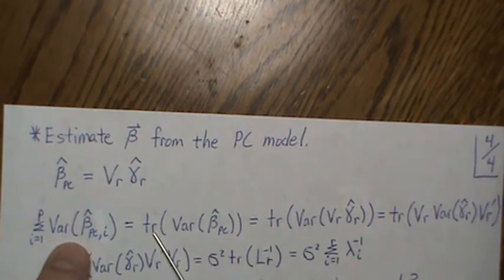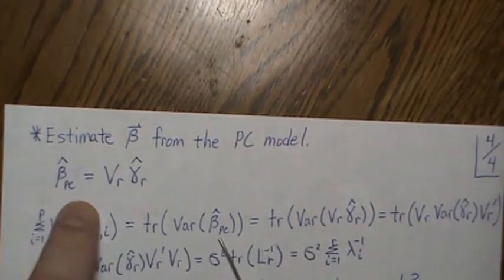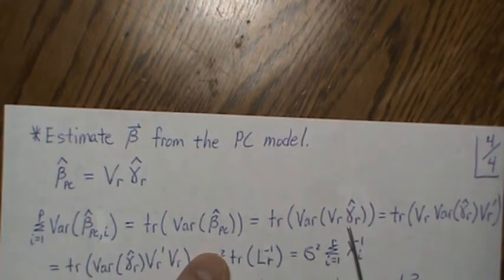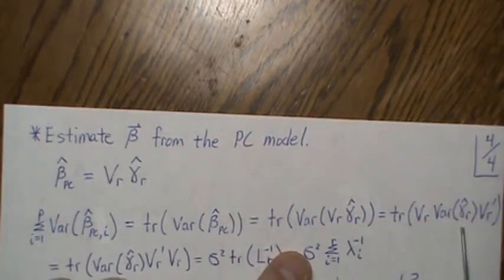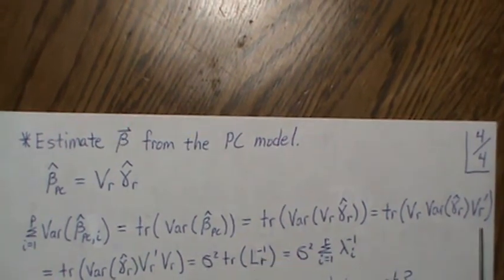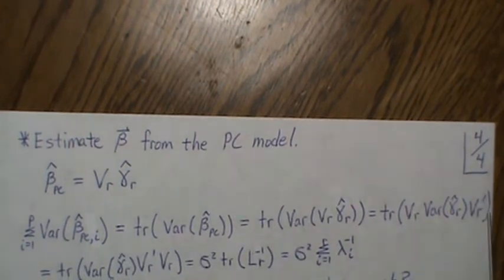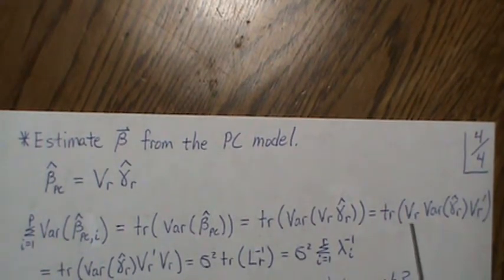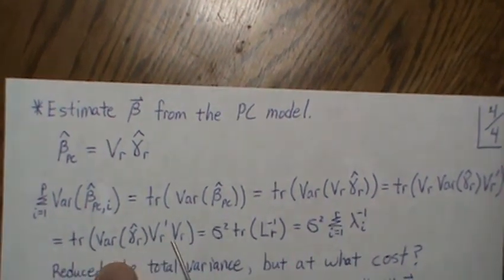So we just take the trace. Now the variance of this, remember that's VR, we take the constant out front and transpose it out back. That's what we get here. And then since it's the trace, we can move that, and VR prime VR is the identity matrix, so that's what I have here.